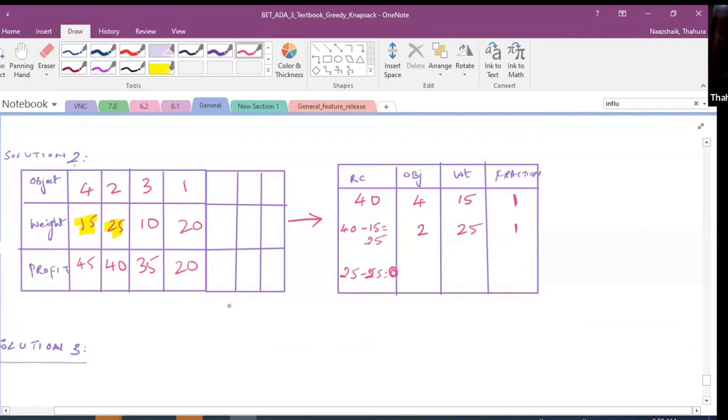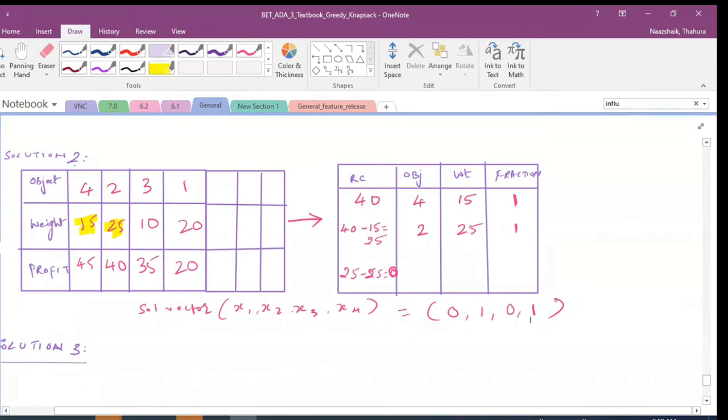Okay. After this, build your solution vector. X1, X2, X3, X4 equals. Can anybody tell what is the solution vector here? 0, 0, 1, 0, 1. Very good.